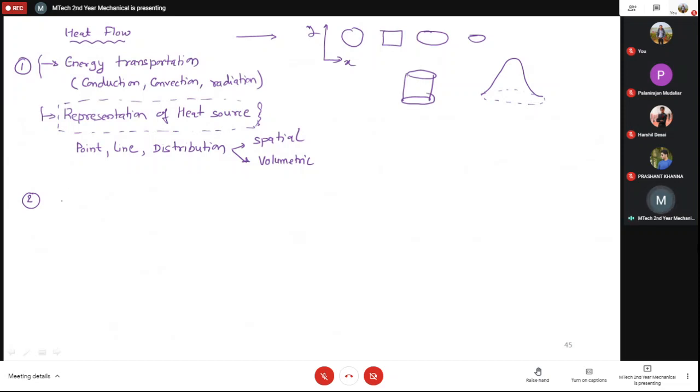So we also have to look at the fluid flow. These are different domains: energy transportation is one domain, and fluid flow is another. We have to look at how the fluid is flowing, and what the behavior of the molten material is based on viscosity and density.